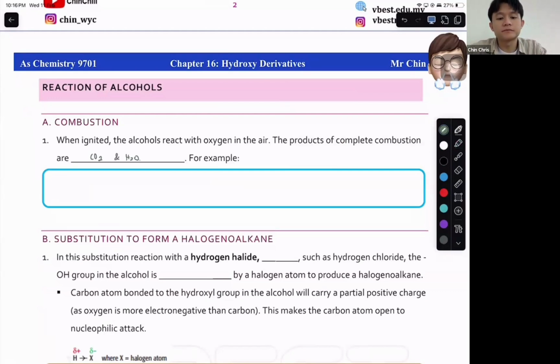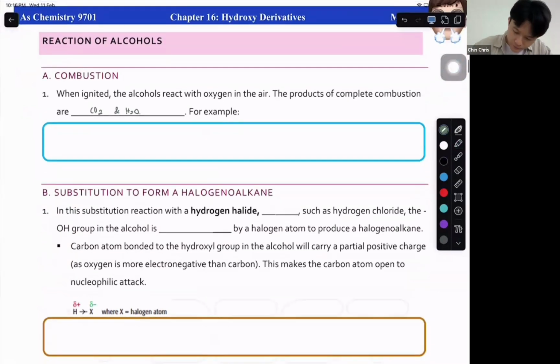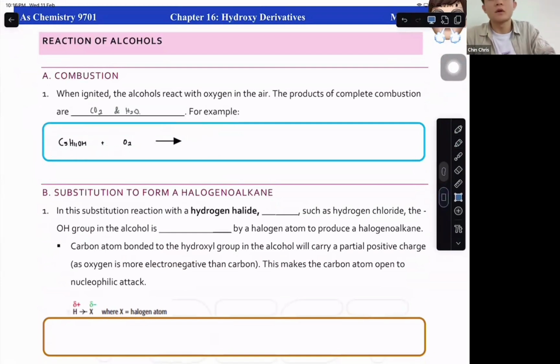Alright guys, now, let's say if I have this. Okay, please balance the equation.